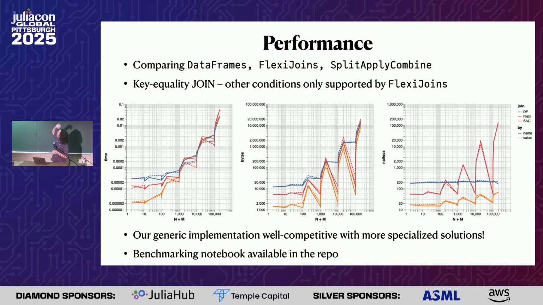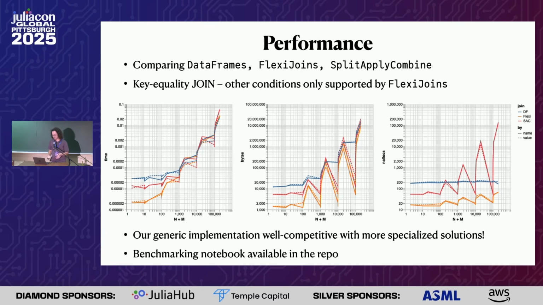As soon as we get to larger sizes, sorry if the labels are small, the left plot is time on the vertical axis versus the total dataset size, the sum of the dataset sizes, on the bottom. The middle one is the bytes allocated on the vertical axis, and on the right it's the number of allocations. So now I'm talking about the leftmost plot. At the larger sizes, both packages start being roughly equal.